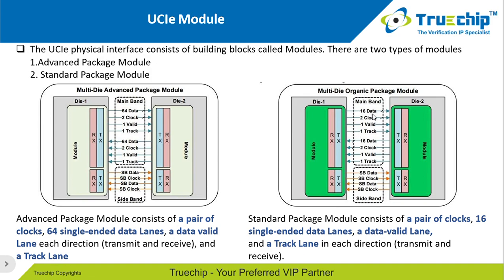For the standard package module we can see 16 data, 2 clock, 1 valid and 1 track, and it has sideband data and sideband clock. Also, the advanced package module supports redundant lanes and redundant clock, but the standard package module does not support the redundant lanes and redundant clock.